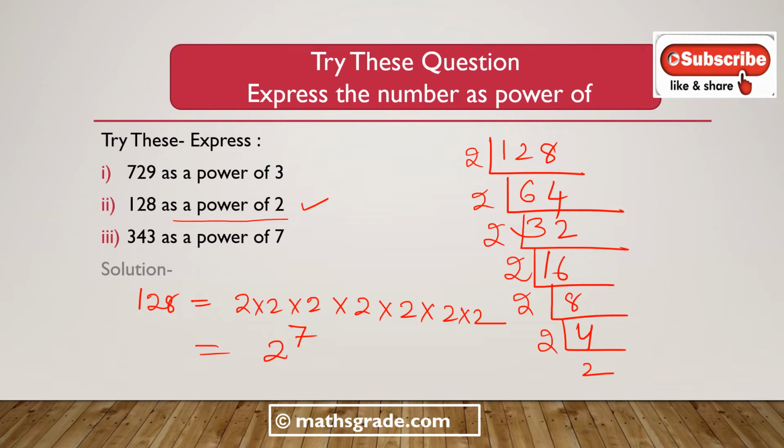So 128 can be expressed as a power of 2 as 2 to the power 7.